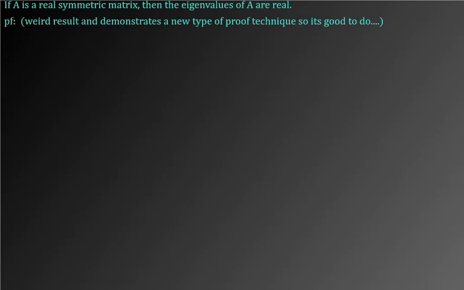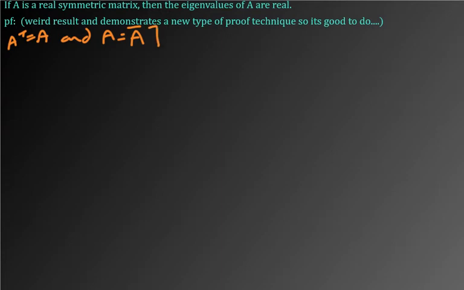But this is actually going to show a good proof technique that I feel like we haven't really seen, so I wanted to walk through the proof of this. All right, so if A is a real symmetric matrix, then the two things that I basically have to work with is that A^T equals A, right? I'm going to use this notation, and I'll explain it here in a second.